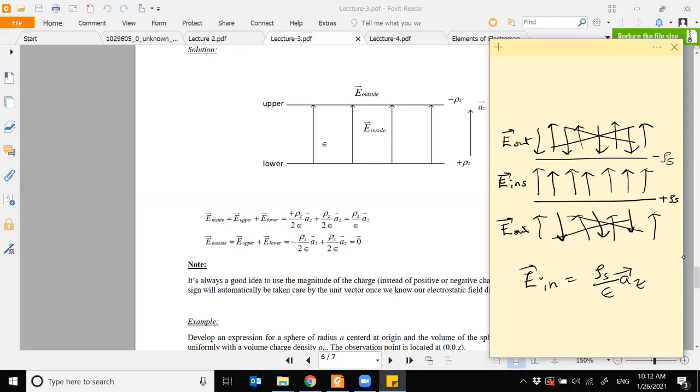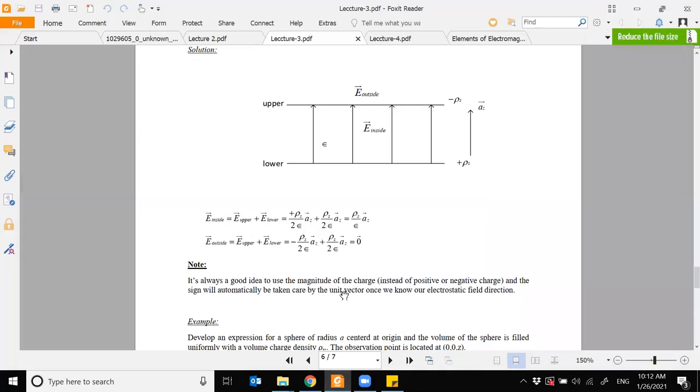But there is one very important note which I am writing here, because many times the student gets confused about what the sign should be. What they end up doing is using the sign for the charge and also putting the sign for the unit vector, so eventually these two signs may cancel each other.